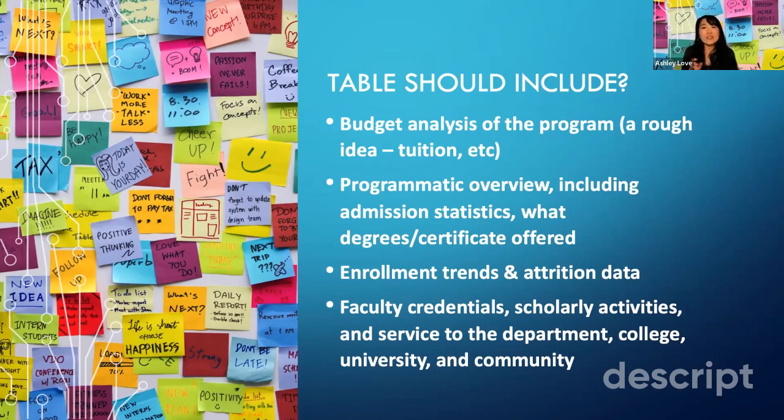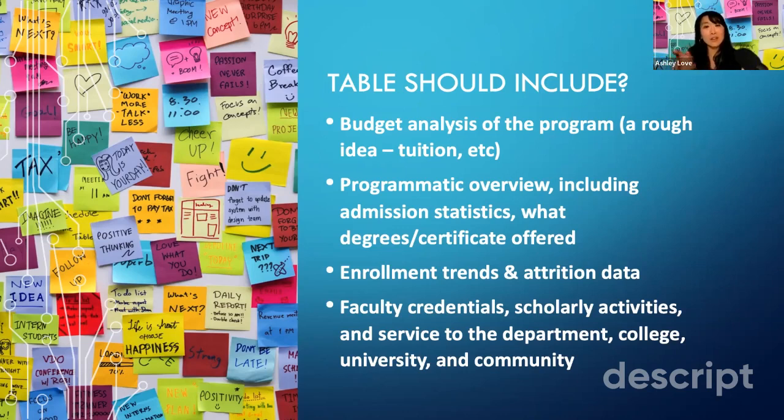Just looking at the tuition, the reason why I'm asking you to do this is because a lot of times when you're doing a comparative analysis, you want to pick universities that are apples to apples. But because I'm asking you to select a program that you want to develop yourself, I can't really tell you to go pick a university that is apples to apples because it may not exist.